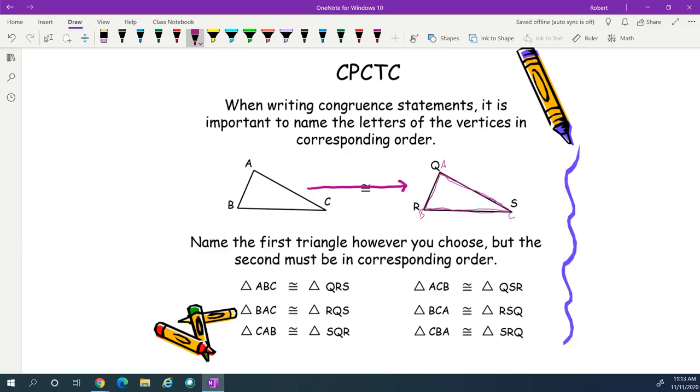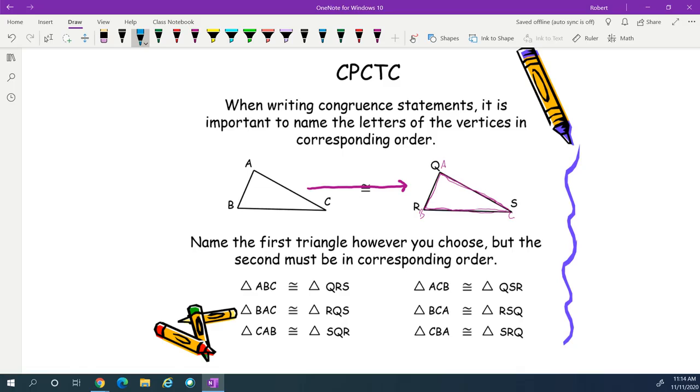When we write our congruence statement comparing the two triangles, we have to make sure that we put all those letters in the correct order. So remember how to name a triangle. There are 6 different ways to name a triangle. And the first one we can name however we want, but the second one has to match. So I'm going to use our numbers again.